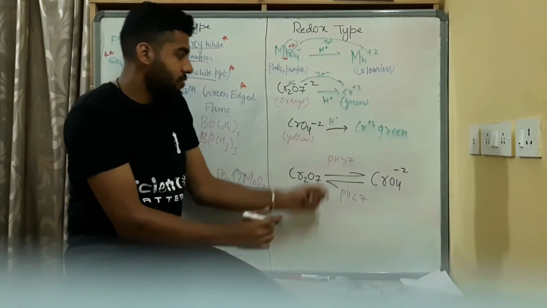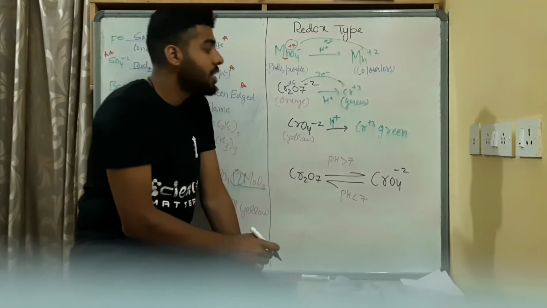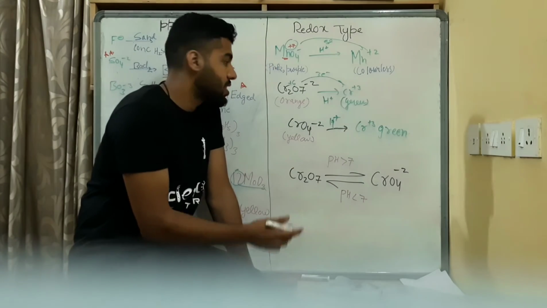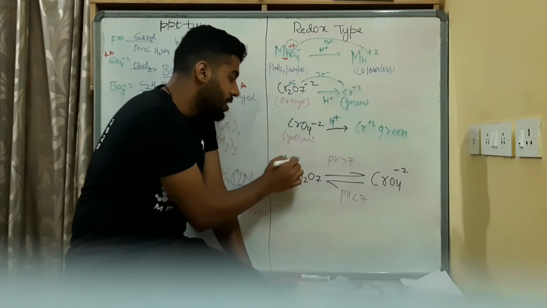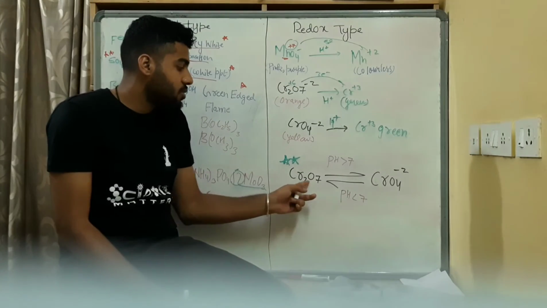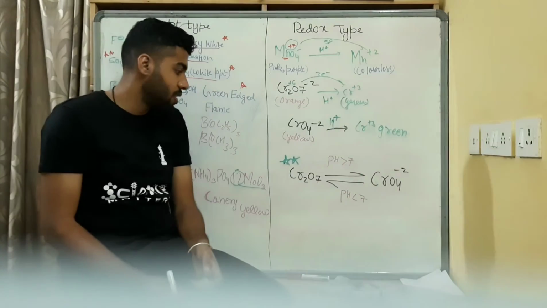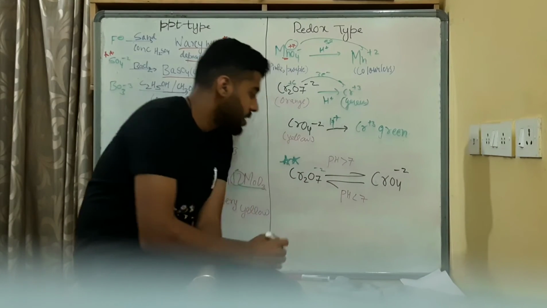And if you do a redox reaction in acidic medium, this will give you a chromium +3 species, which is again a green species. One important piece of knowledge you should acquire is that Cr2O7 2- and CrO4 2- remain in equilibrium.